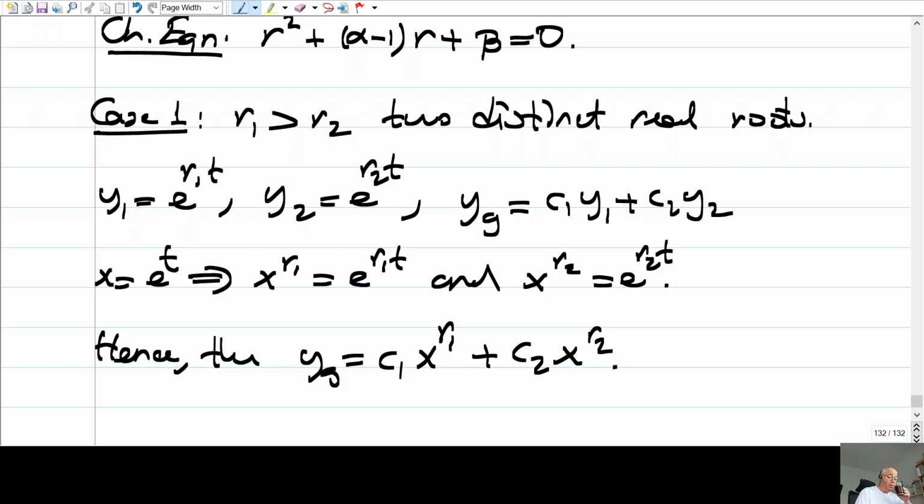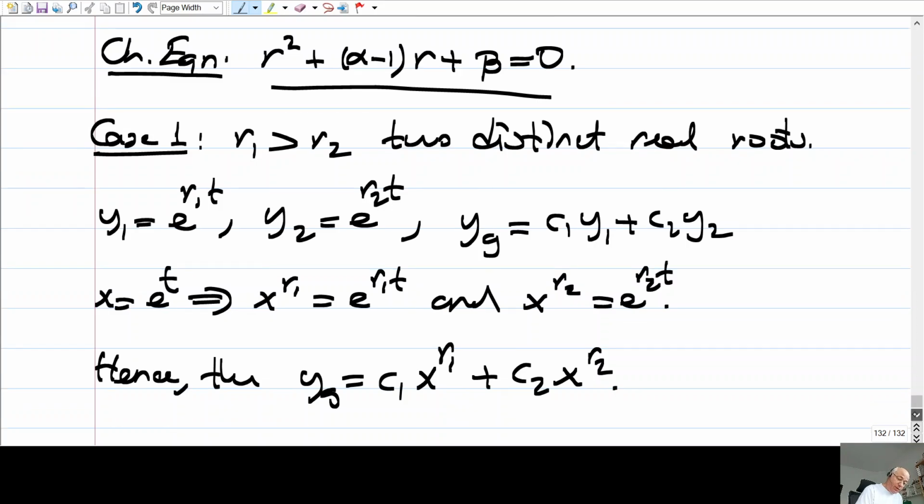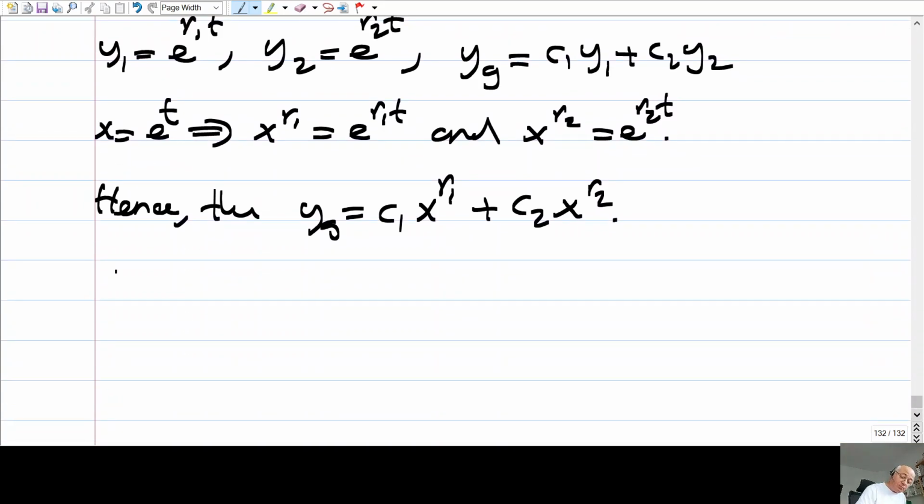So what I have to do is write down the characteristic equation for the given Euler's equation, obtain the roots, and write down the solution. Let's do the other cases also.